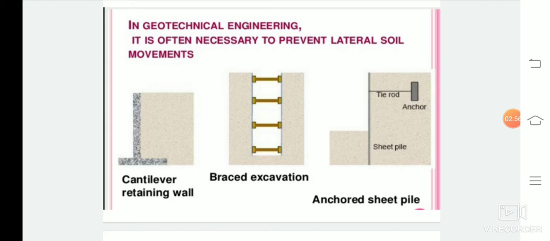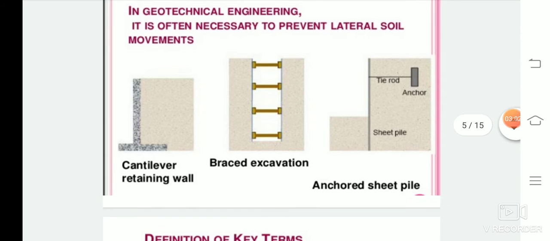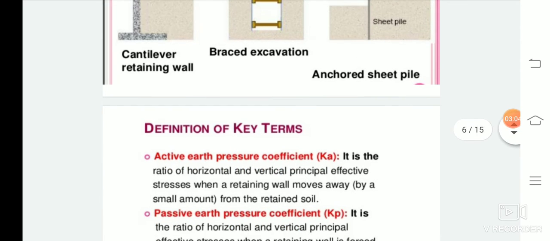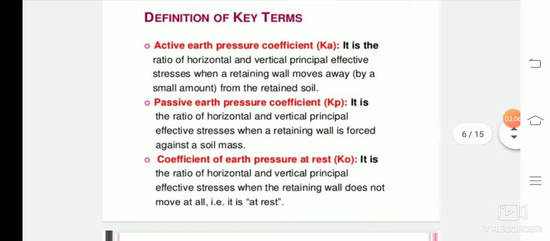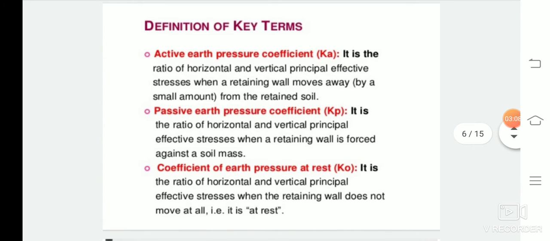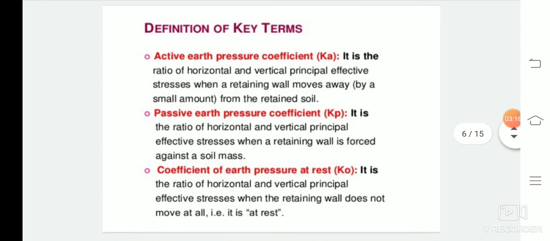In all these types of structures, soil retaining is the most important part of the design. So let us go to the definitions of the key terms used for defining earth pressure. There are three key terms used in this chapter: active earth pressure coefficient, passive earth pressure coefficient and coefficient of earth pressure at rest.